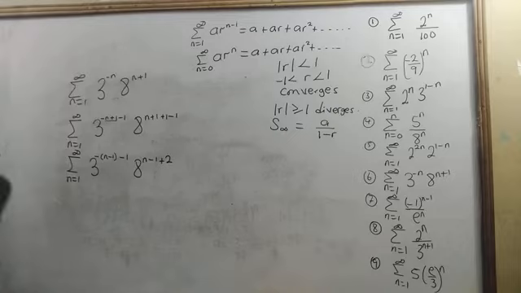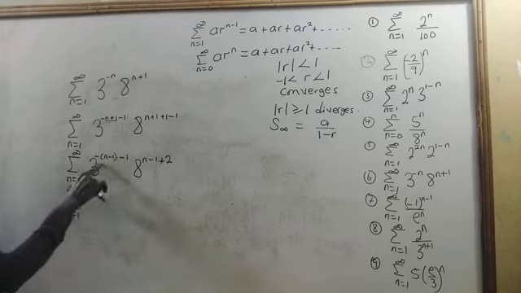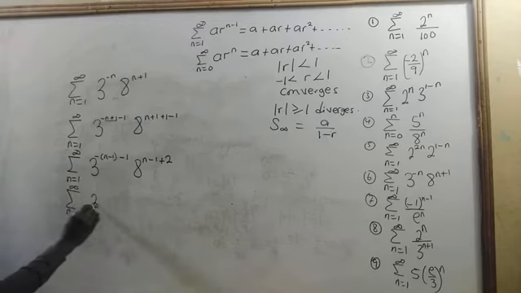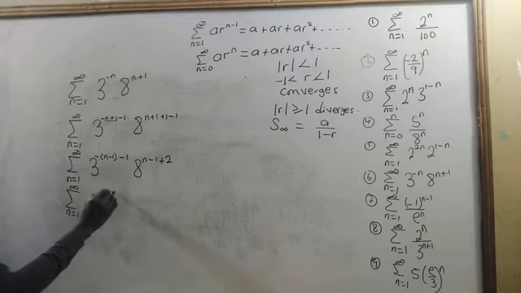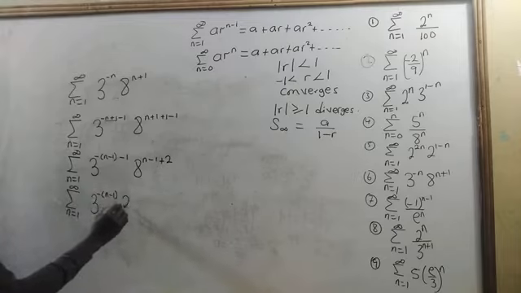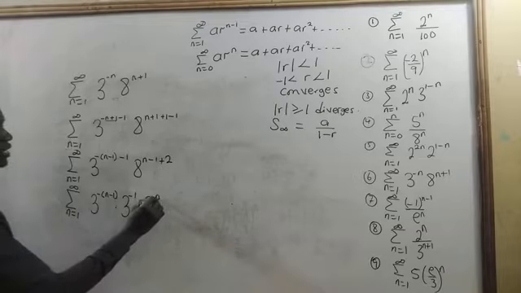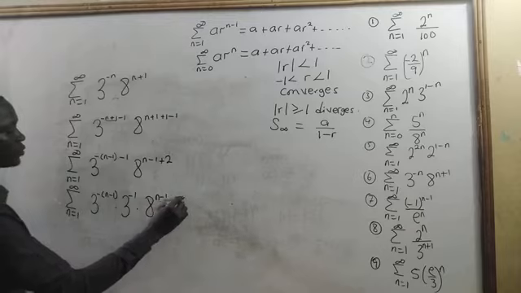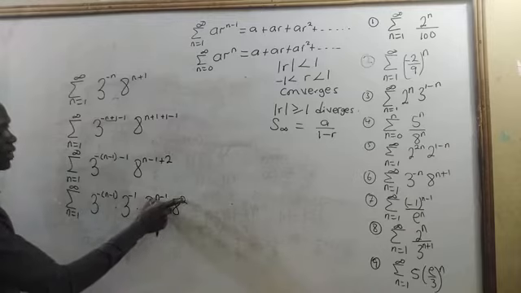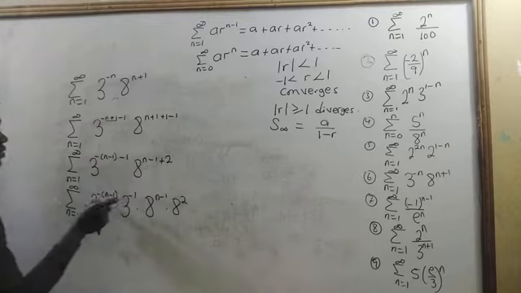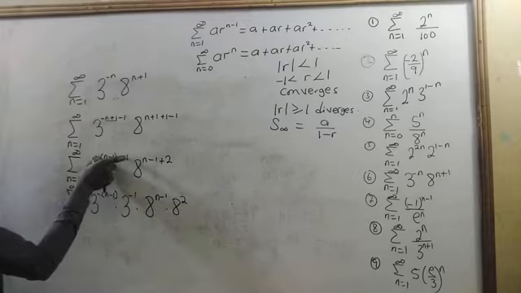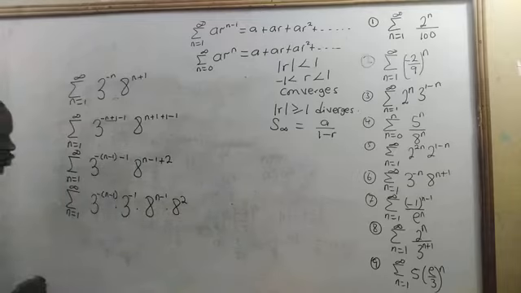Wow. So here, from the laws of indices, we can write summation n equal to 1 up to infinity, 3 exponent negative into bracket n minus 1 times 3 exponent negative 1 times 8 exponent n minus 1 times 8 exponent 2. If we add the powers, you come back here. So this one is very simple for us to do.